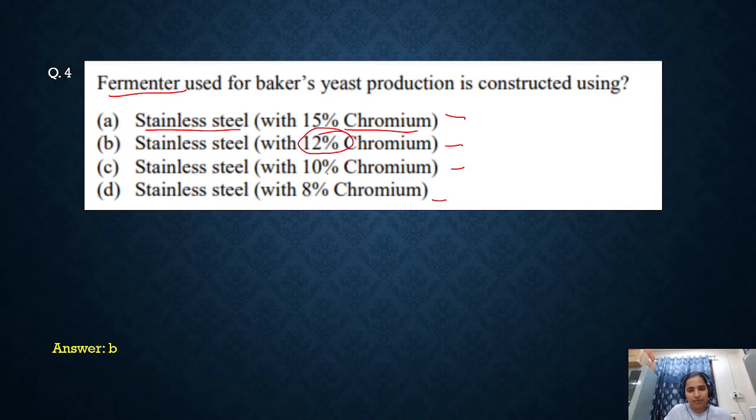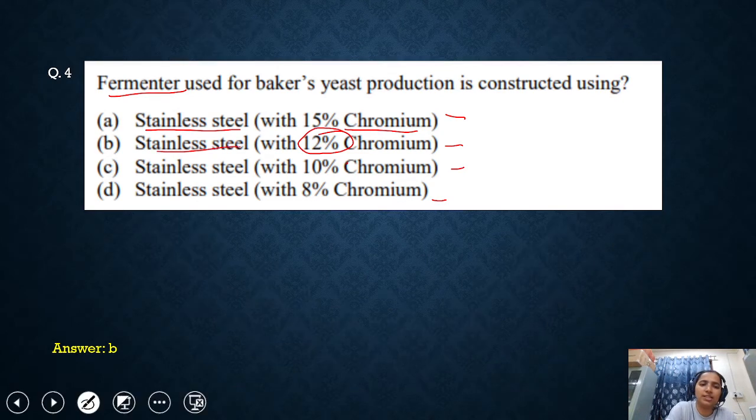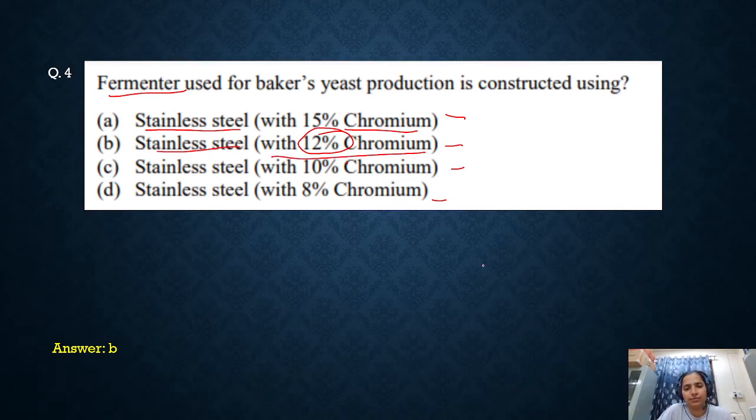But any one of you tell me why this chromium is used in this fermenter? Like why we make the mixture of the stainless steel with chromium? Okay, any one of you?